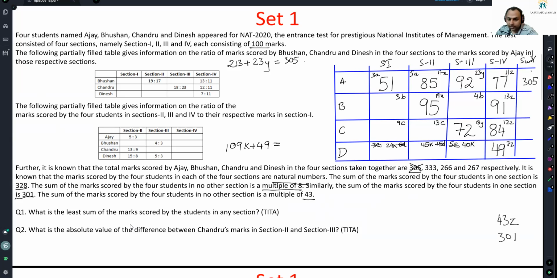If I put K as 3, it will be 327 plus 49, which is much greater, so that is not possible. So K has to be 2. 109 times 2 is 218, and 218 plus 49 is 267. So this has to be 267. This is also gone, and K is equal to 2. So this is 80, this is 90, this is 48.